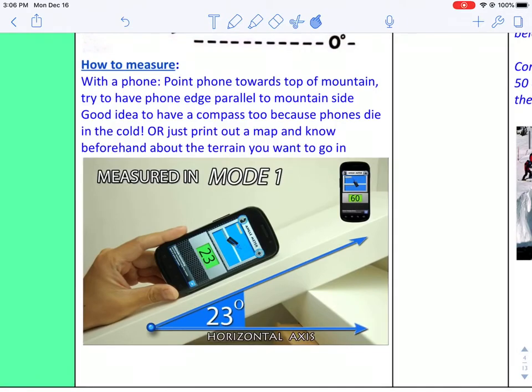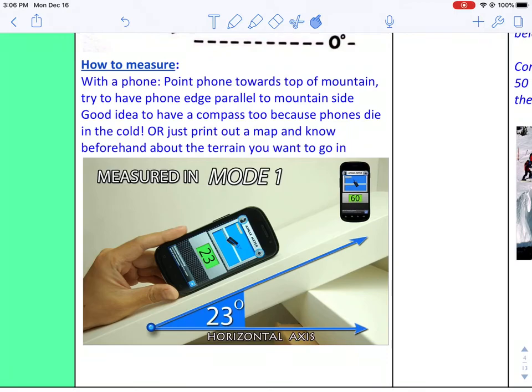How you measure this is pretty cool. You can use your phone, and we'll look at this on the field trip day, hopefully, and after. I think it's under your compass.